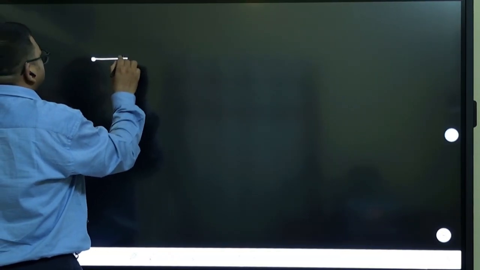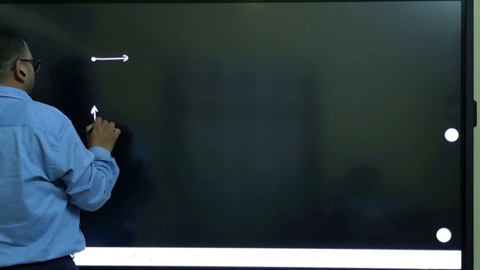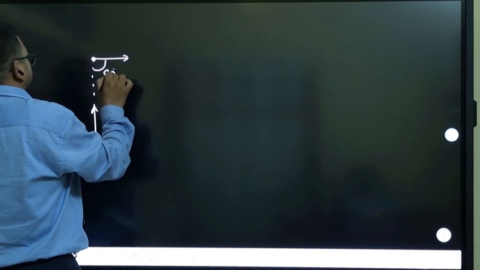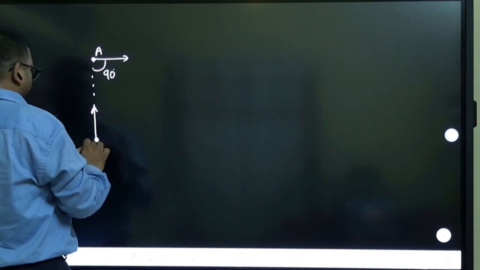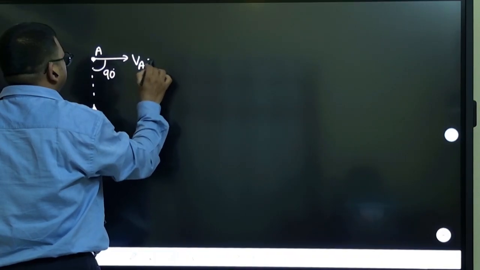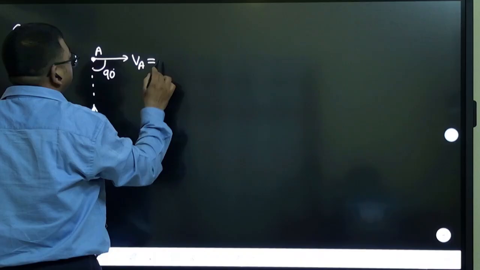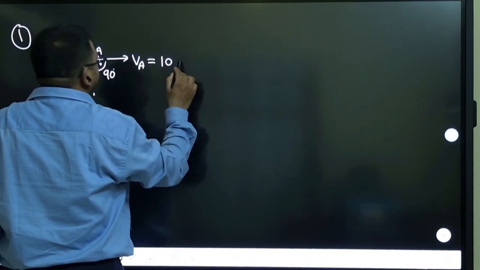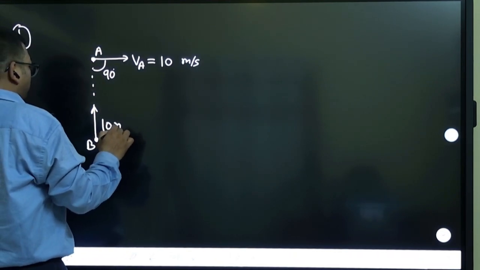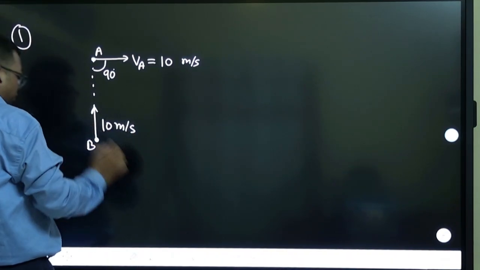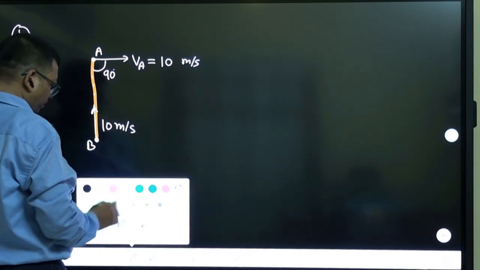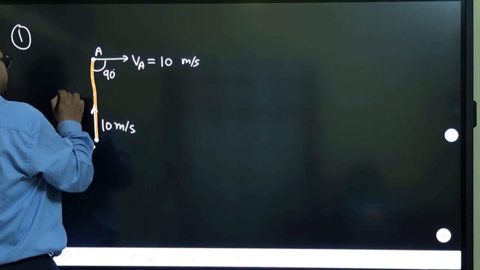This one is going this way, and this one is going this way, and of course this direction is 90 degrees. This is A and this is B. First question: A is going with this speed in this direction, let us say 10 meter per second, and B is also going with 10 meter per second. And the distance between A and B is, let us say, 100 meter.